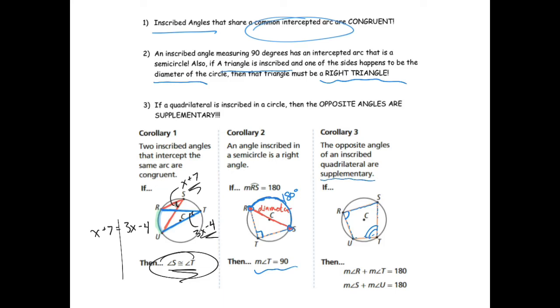The reason for that is that their intercepted arcs together would add up to 360 degrees. If their arcs add up to 360 degrees, then the angles are going to add up to half of that, because they're inscribed and they're half of the arcs. So opposite angles like angle R and angle T are going to be supplementary.